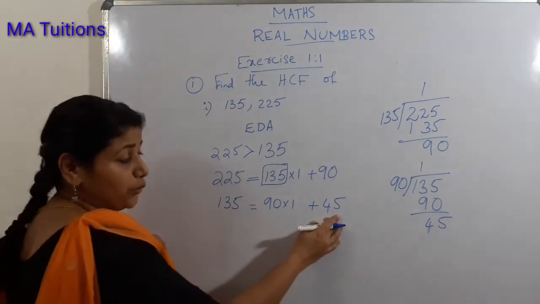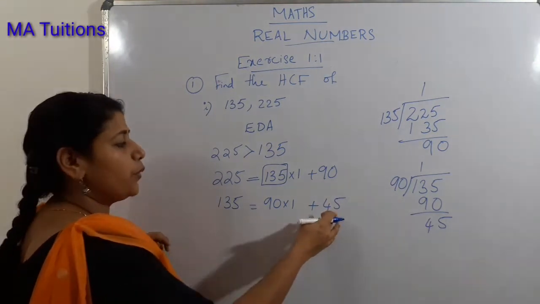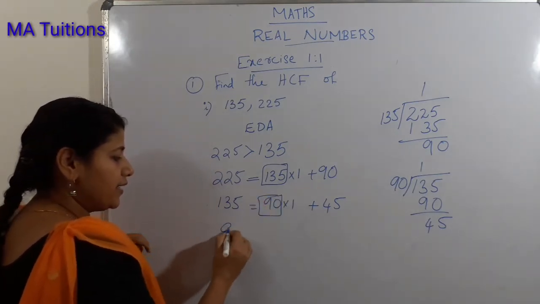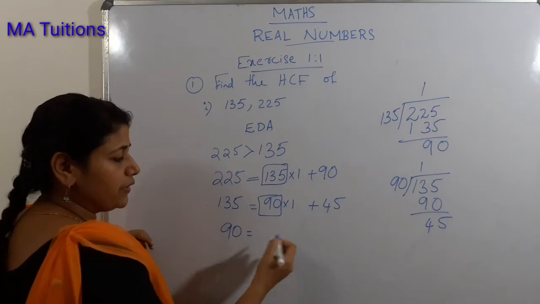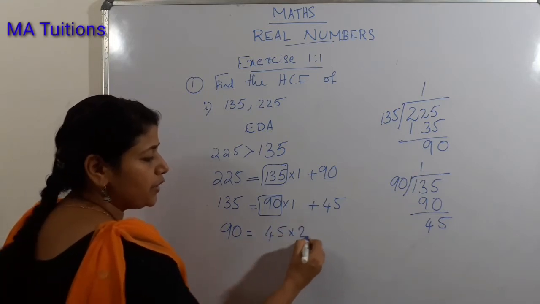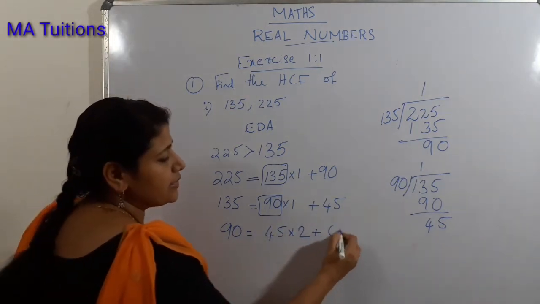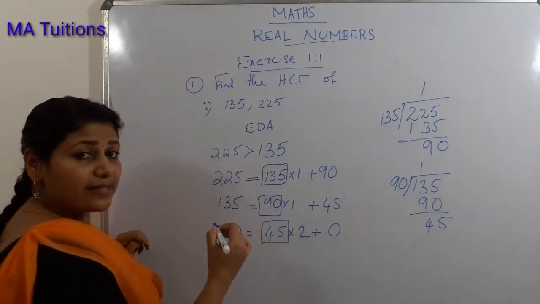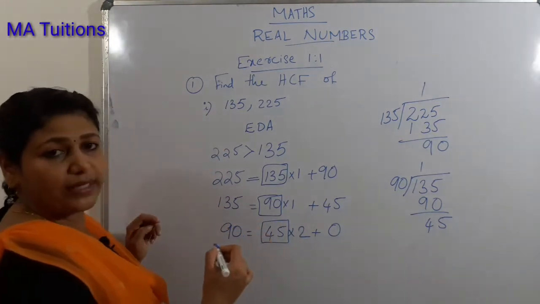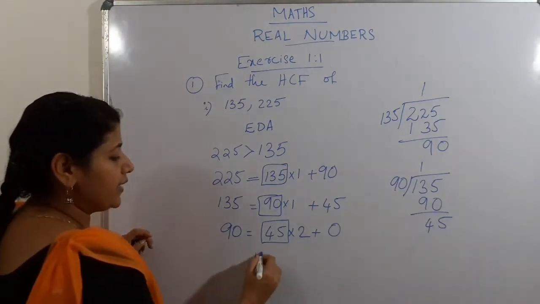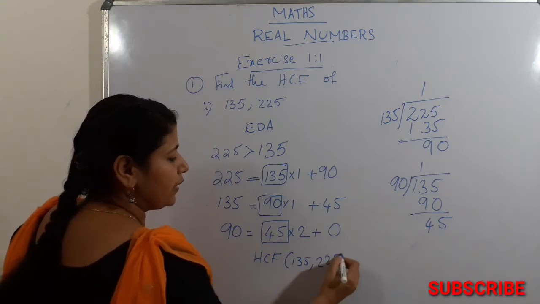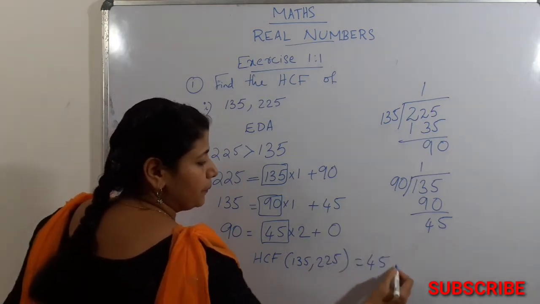Again the remainder is not 0, so we do it again. Then 90 equals 45 into 2, and the remainder is 0. Which means this divisor is the HCF of 135 and 225. So the HCF of 135 and 225 is 45.